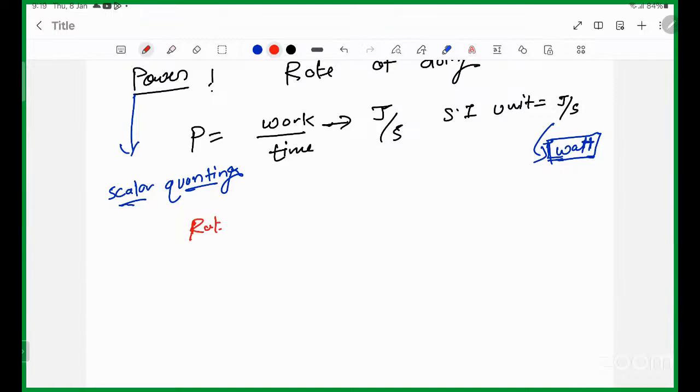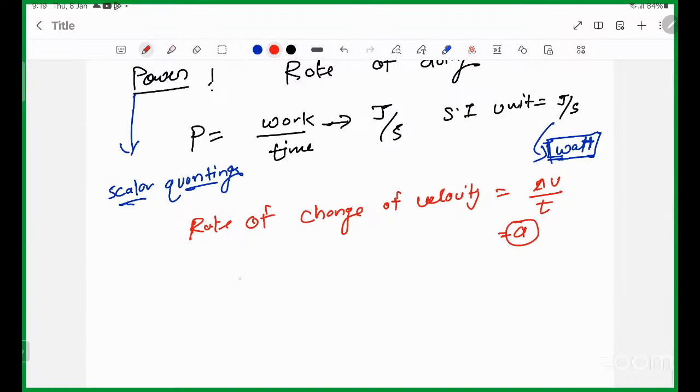Rate of change of velocity, we represent as acceleration. Rate of change of momentum, we call it the second law of motion or of force. So whenever we say rate of change, it means with respect to time.